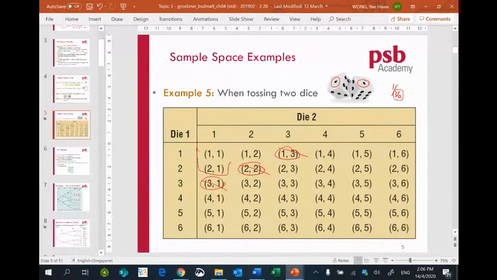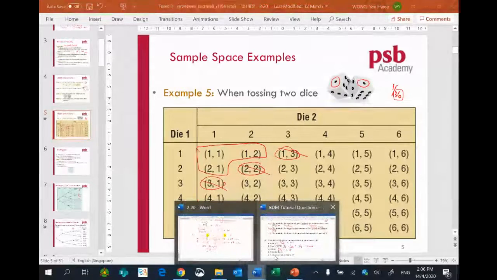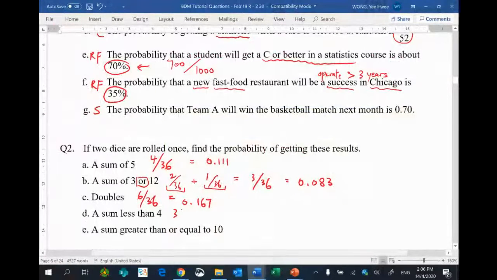So what you have is just these 3. 3 out of 36. So again, it is 0.083.